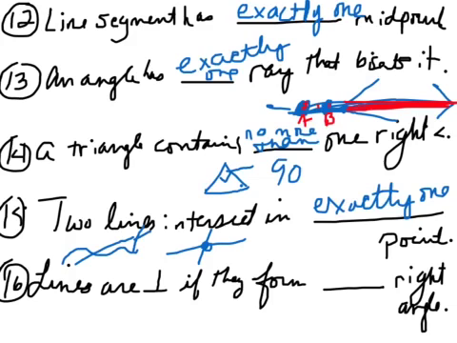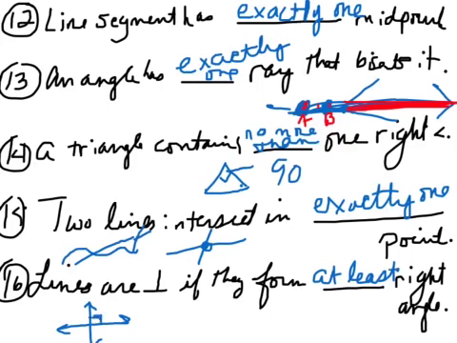Lines are perpendicular if they form, I'm going to say, at least one right angle. Usually if you've got two lines, they're going to form four right angles. So at least would be the best choice there. Most of the time there's four, aren't there?